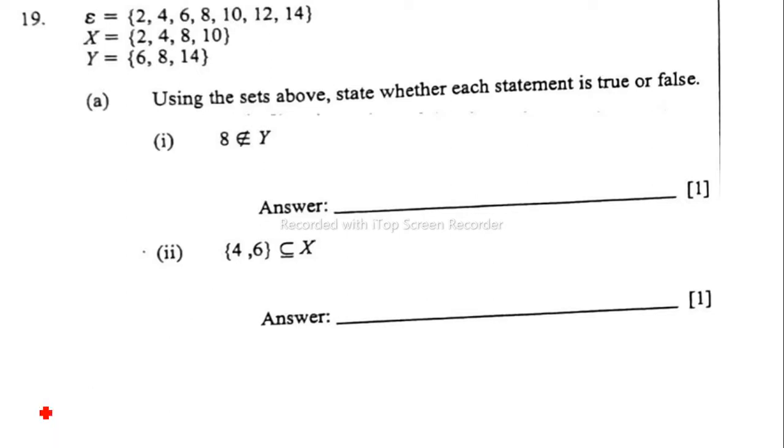That's false. Why is that false? Because 8 is in set Y. So if we say 8 is not an element of Y, that's false, because it is an element of set Y.